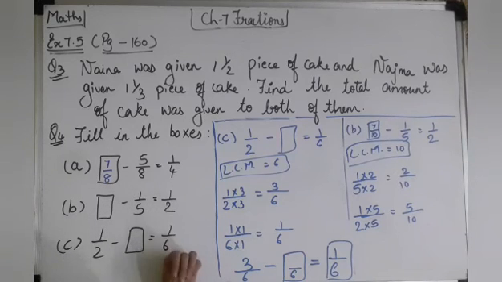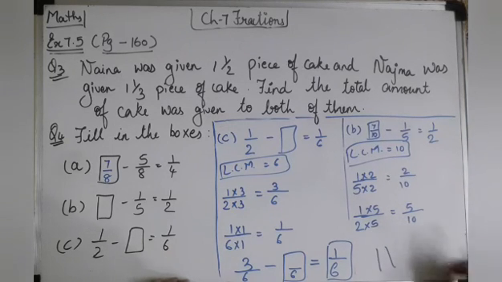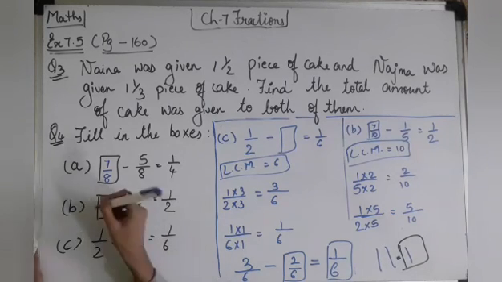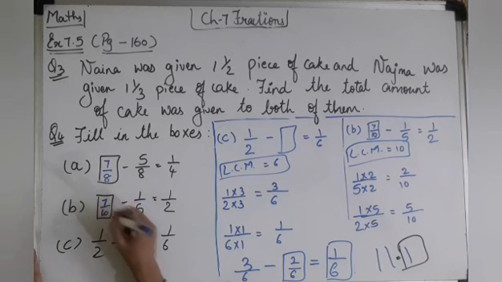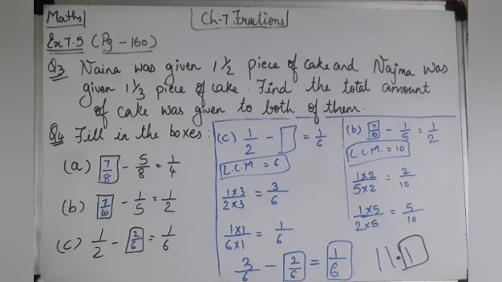So if 3 sticks are there, and in conclusion I am getting 1 stick. So how many sticks are subtracted? 2 sticks are subtracted, right? You remember the stick example? So here it will come 2. So 3 minus 2 is 1 and in denominator 6 is there. Okay. So we will write the answer here. Here it will come 7 upon 10. Here it will come 2 upon 6. Okay.